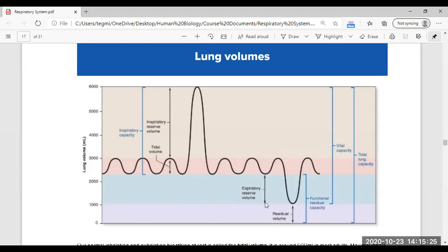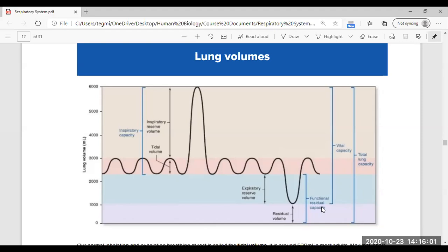After you breathe out as much as you could, there will still be some air that remains in the lungs, and that's called residual volume. This residual volume, around 1000 milliliters or 1 liter, is always going to be here. Together, the expiratory reserve volume plus the residual volume is called functional residual capacity.